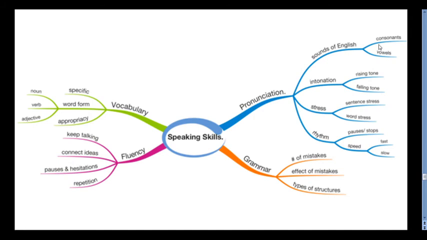So 24 consonants, and 20 vowels. Within the 20 vowels there are 8 pure vowels, and another 12 that are called diphthongs. So if we are able to learn this sound system, then definitely we will come to know the place of articulation of each and every sound.